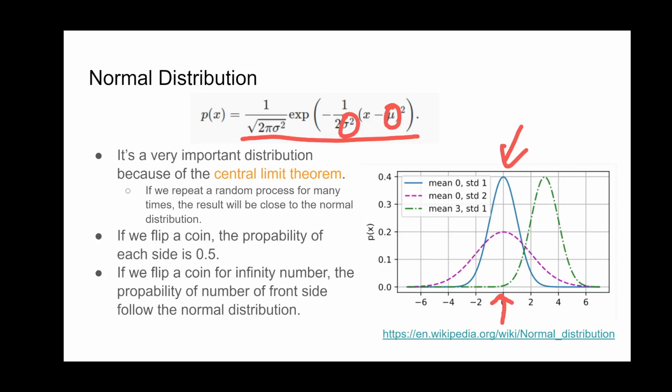We may think that because the probability is 0.5, we should get 5 up and 5 down. But actually, if we flip 10 times, we might have some probability to get 4 up, 6 down, or 4 down, 6 up as well, or even 1 up, 9 down, or 9 up, 1 down. Overall the probability is much lower, but we still have some probability to get this kind of result.